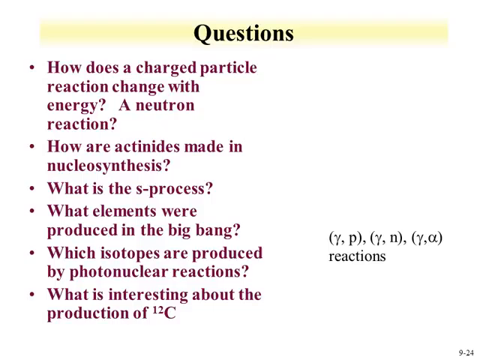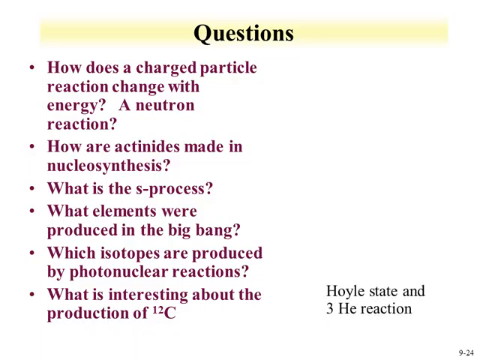So isotopes that are produced, one of the answers would be, those isotopes that are close to the target, either within 1 or 2 Z less. And what's interesting about the production of carbon-12 in nucleosynthesis is the Hoyle state, that high-energy state that lives in carbon-12, since the reaction is based upon this three-bodied reaction, 3 heliums forming carbon-12. It has lots of energy, and there's that Hoyle state that lives at about the right energy so that that nuclear state can exist.